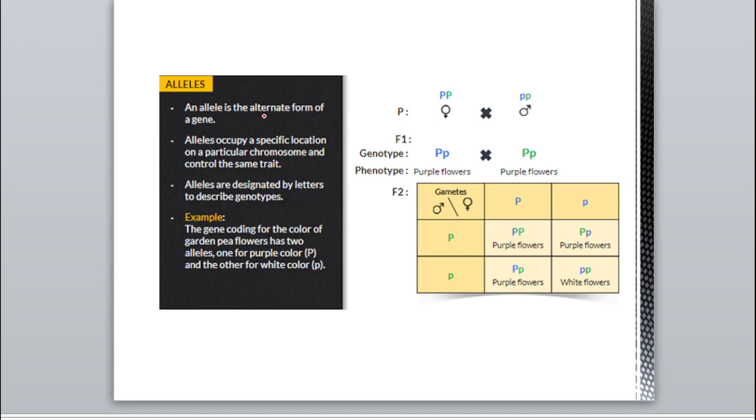Alleles are an alternative form of a gene, and alleles are designated by letters to describe the genotype. For example, if there is a purple flower and a white flower, for the purple flower we take a capital P, for the white flower we take a small letter p.